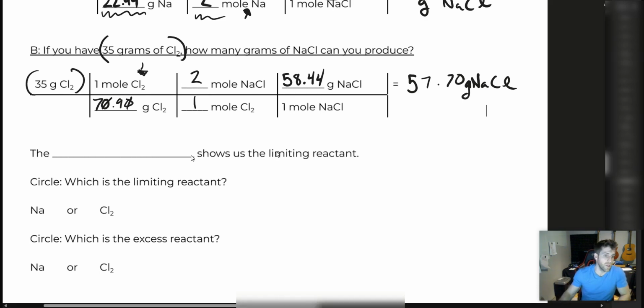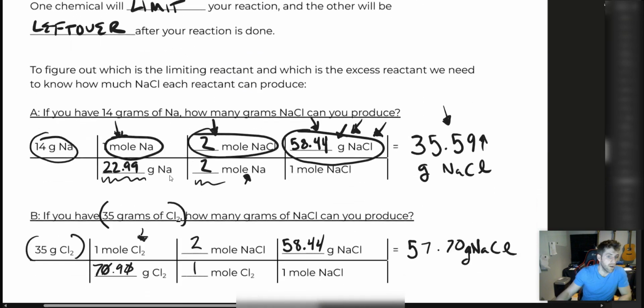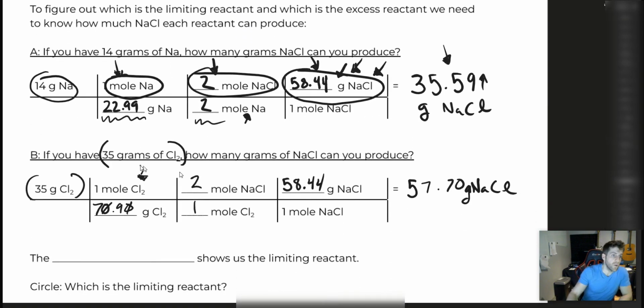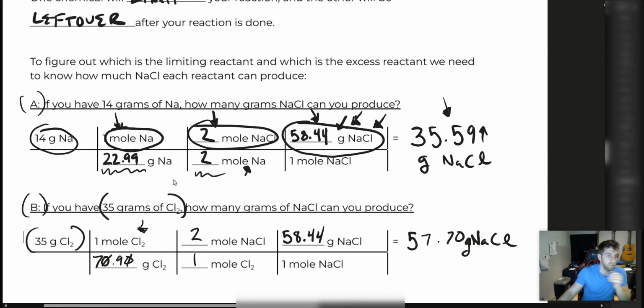So kind of cool. So in these 2, it looks like we have A and B, to figure out which is the limiting reactant. I'm going to reread this question before I answer this. As you can tell, I haven't gone over this yet. To figure out which is the limiting reactant and which is the excess reactant, we need to know how much sodium chloride each reactant can produce.